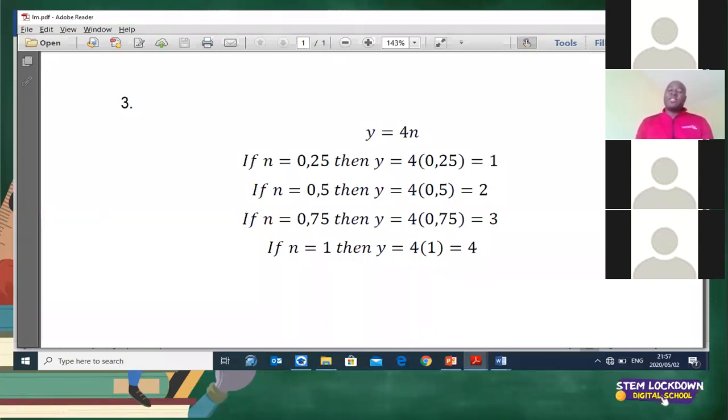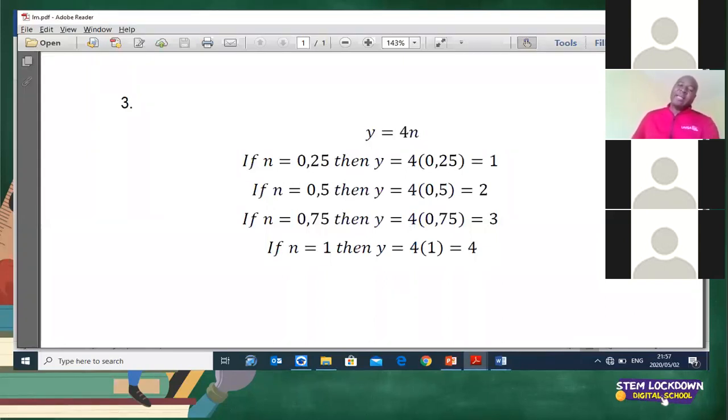Again, if n is 0.5, then y will be equal to 4 times 0.5, which is 2. If n is 0.75, then y will be equal to 4 times 0.75, which is 3. If n is 1, then y will be equal to 4 times 1, which is 4.